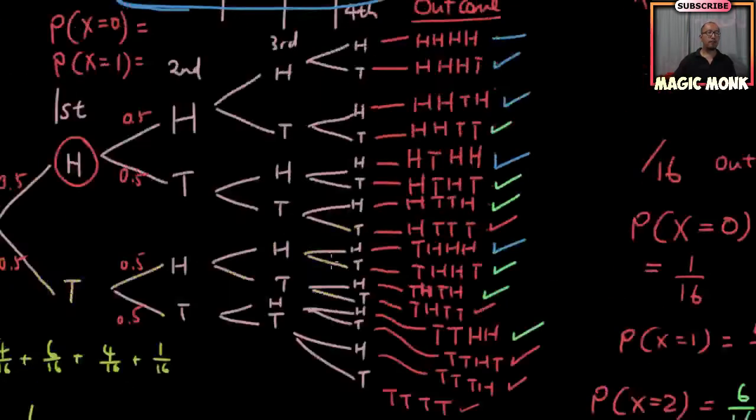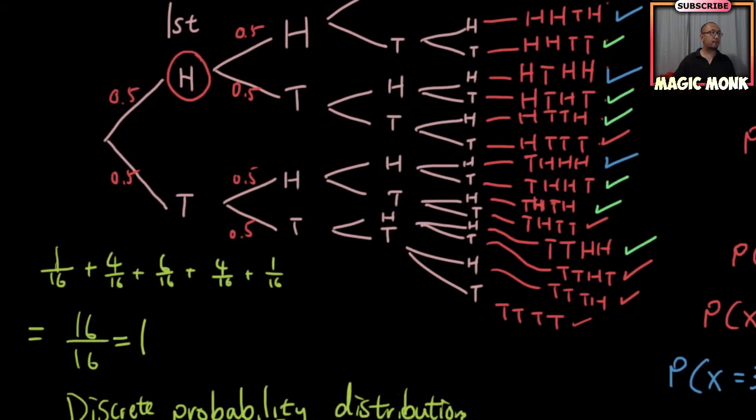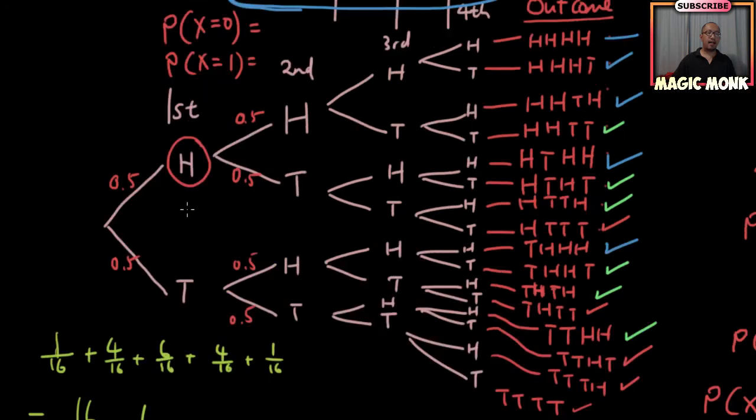So from the probability tree, you can see that if I want to get the probability of one of these, the probability of one of these is 1 out of 16. Okay, now where does this number come from?